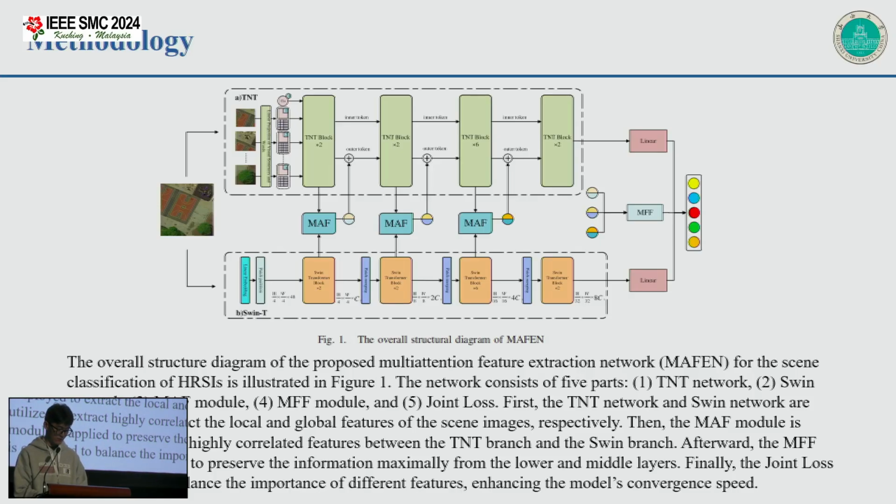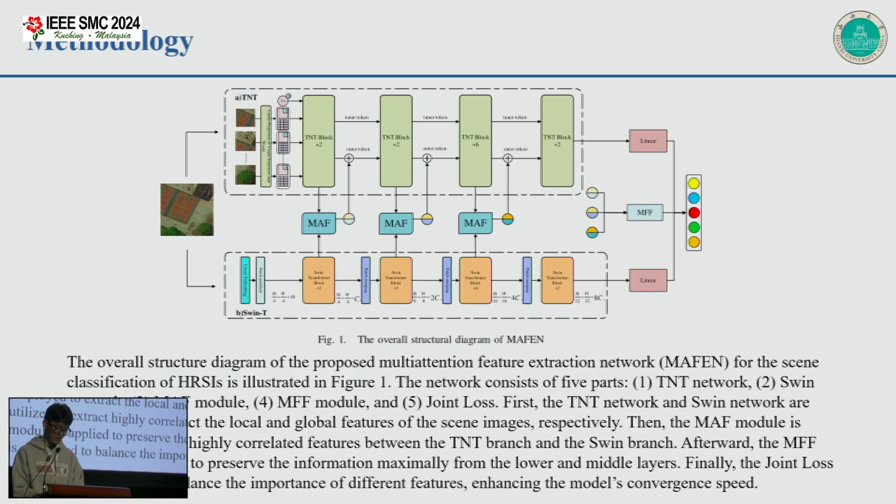This is the overall structure of our model. Image features are extracted using a two-branch network. Then the MAF module is utilized to extract highly correlated features between the TNT branch and the stream branch.